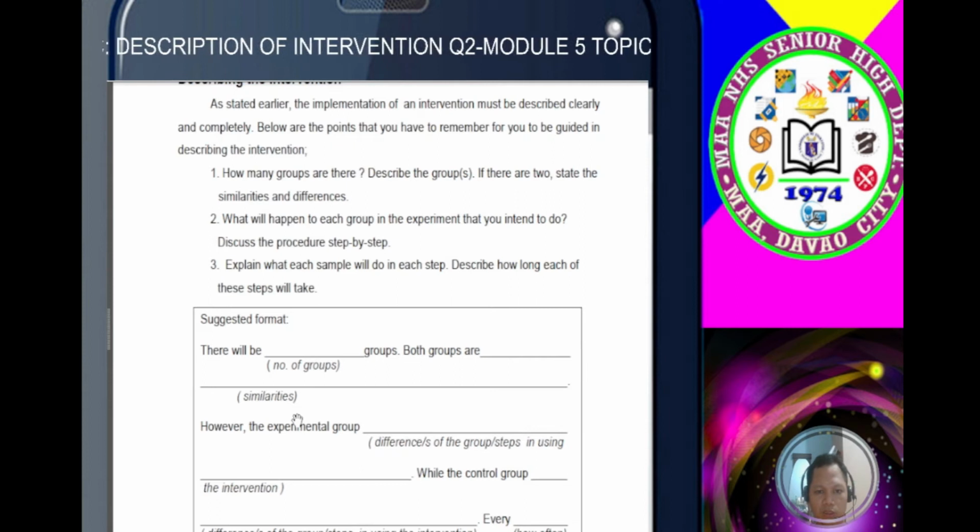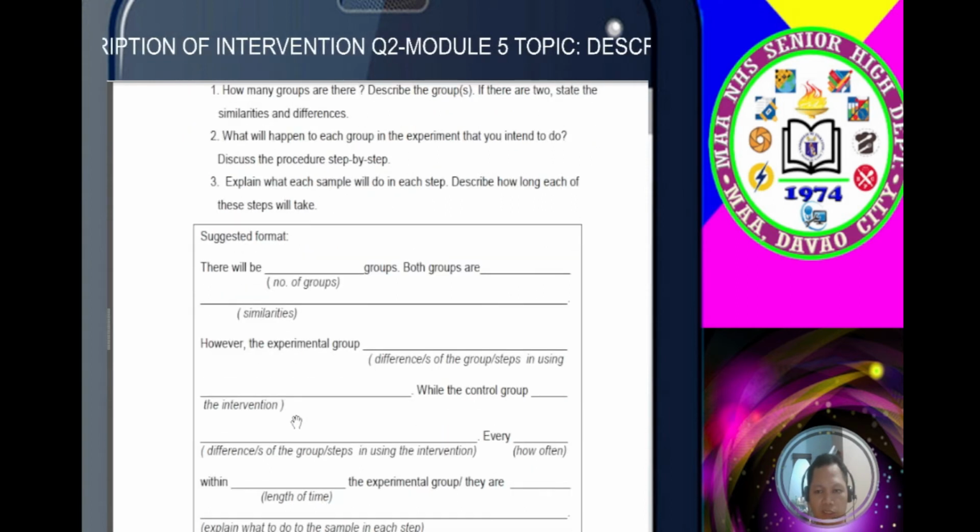Here is the suggested format that I mentioned earlier. We have this template. There will be blanks, so you state the number of groups. Both groups are blank, so you state the similarities. However, the experimental group is blank, so you state here the difference of the two groups and the interventions used in each group.